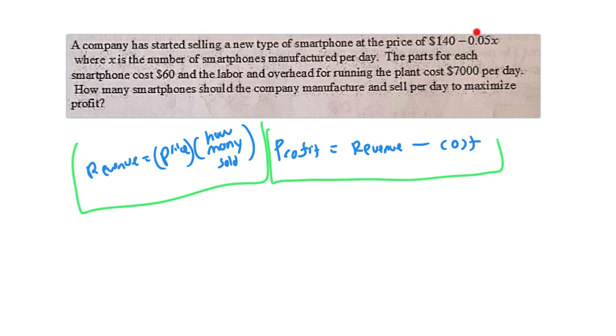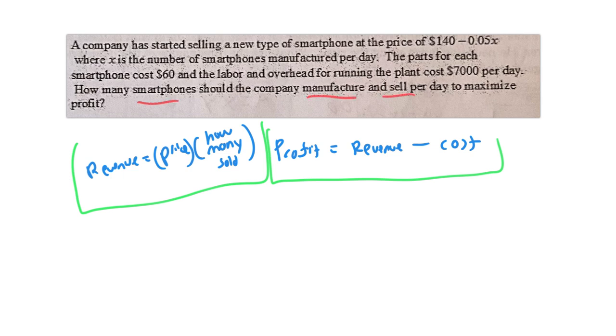The price is this. Okay. The parts are 60, the labor is that. So this has to do with cost. Okay, it's saying how many smartphones should the company manufacture and sell.